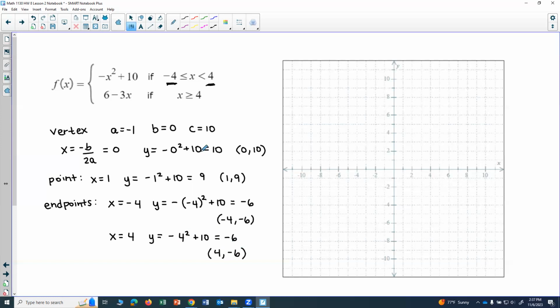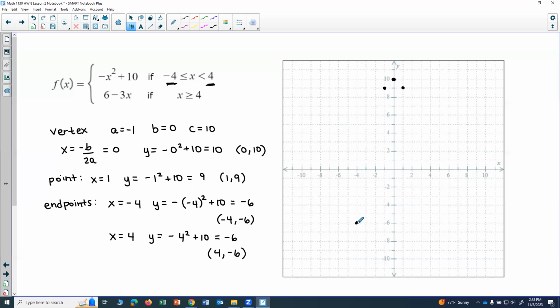So now I'm ready to graph the parabola part. I'm going to start with the vertex, which was at 0, 10. I'm going to plot that second point, the 1, 9. And I know that a parabola is symmetric about the vertex, so about that axis of symmetry. So I'm going to go ahead and plot a point on the left side of the vertex as well at negative 1, 9. The endpoint is at negative 4, negative 6.